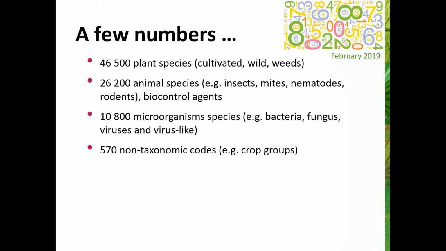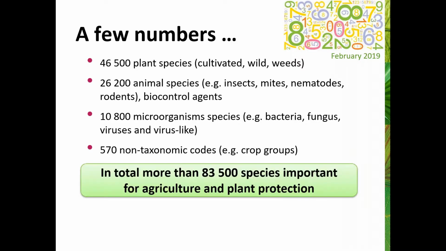It covers more than 10,000 pathogens, so bacteria, fungi, viruses, virus-like variants, phytoplasma, and so on. And today we have more than 500 non-taxonomic codes. We'll discuss this later on, but for example, corresponding to crop groups.